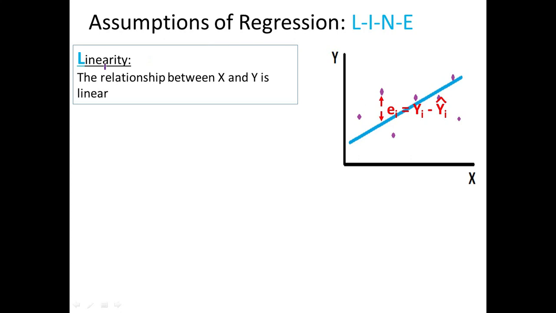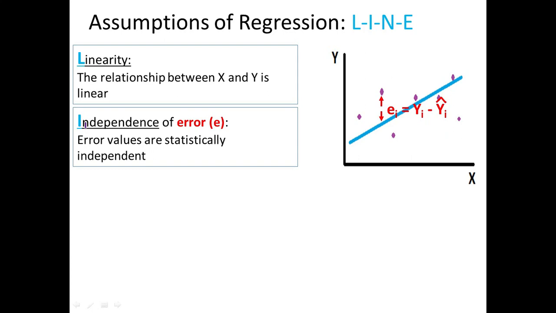L represents linearity, which refers to the relationship between x and y. Second is I, referring to independence of error. Error values are statistically independent. We should ensure that.